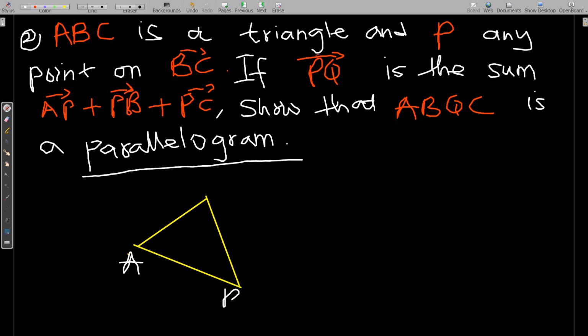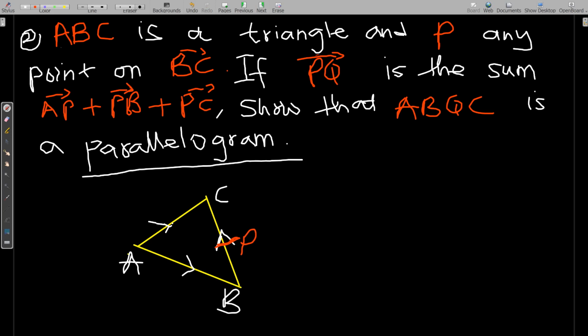So let's say I have A, B, C, and this is the triangle we have. Now we are saying that P is any point on BC. So we can name any of the points here. Let's put it in red color. Let's say this is our P at this point.